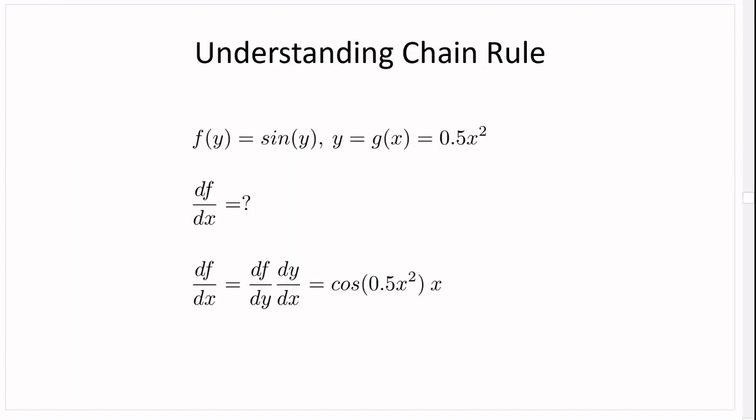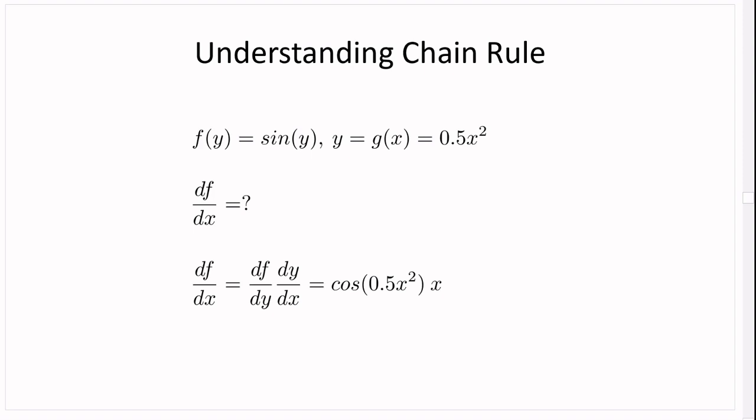Let's look at the chain rule, which you must have done way back. Let's say that we have a function f of y, and this function is sine of y. And let's say that y further is a function g of x of another variable x, and g of x is given as 0.5 x squared.